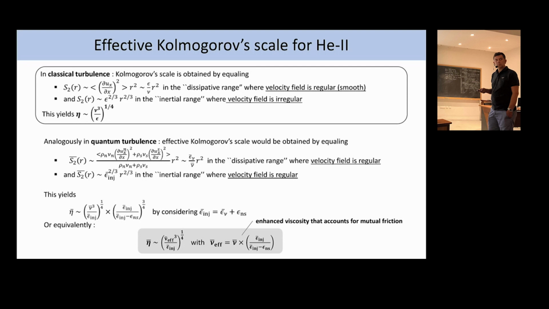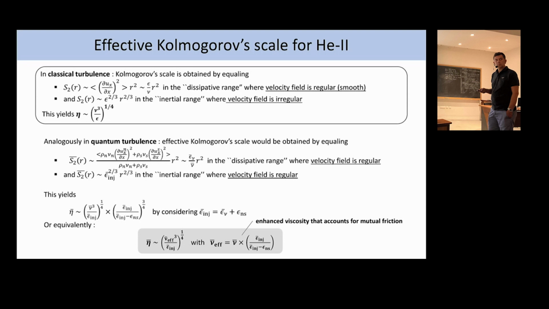So in the present framework, you can do the same, and you match the second order structure function of your velocity field, and you get this estimate, and you match it with the estimation of the structure function in the inertial range, which is given by the classical expression.